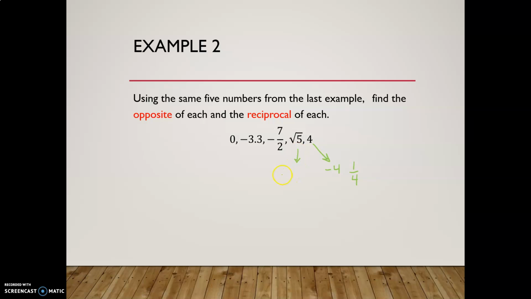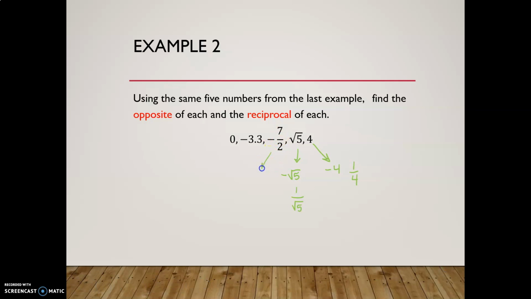The opposite would be negative square root of 5. It's important that that negative goes outside the radical and not inside. And then when I'm doing the reciprocal, for now, I'm going to say it's okay to write just 1 over radical 5, even though several math people just cried a little bit. That's okay. For now, it will be okay.